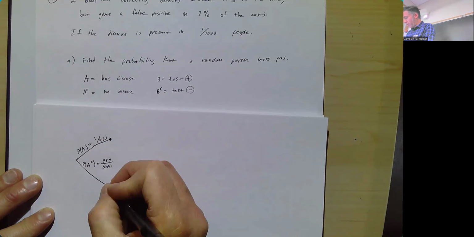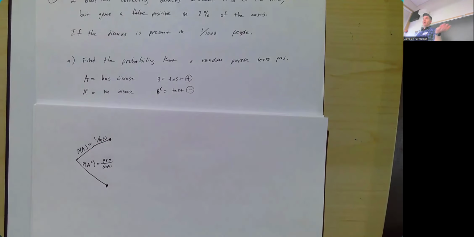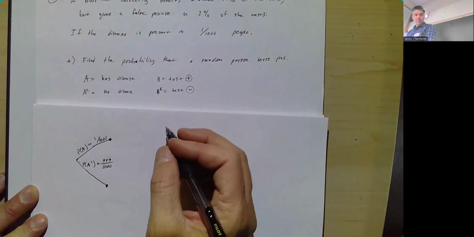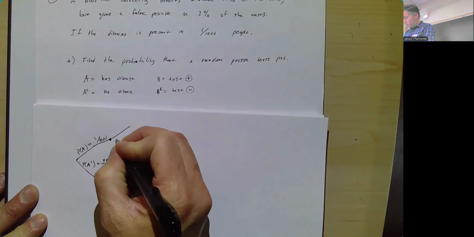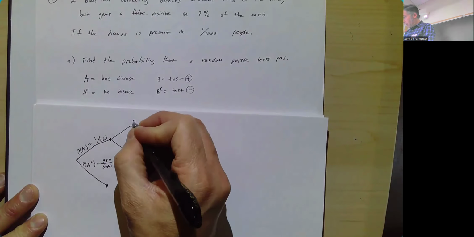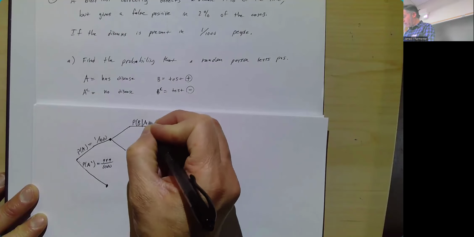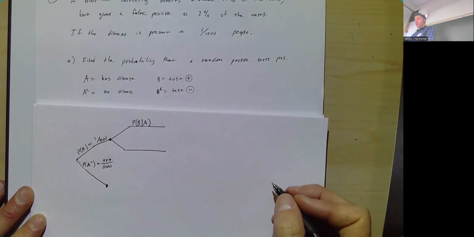And then in the second branch, we have the thing that can happen after A has happened. So either you test positive or you test negative. So here, we can either have a positive test given that we have already had the disease. And we know what that probability is.